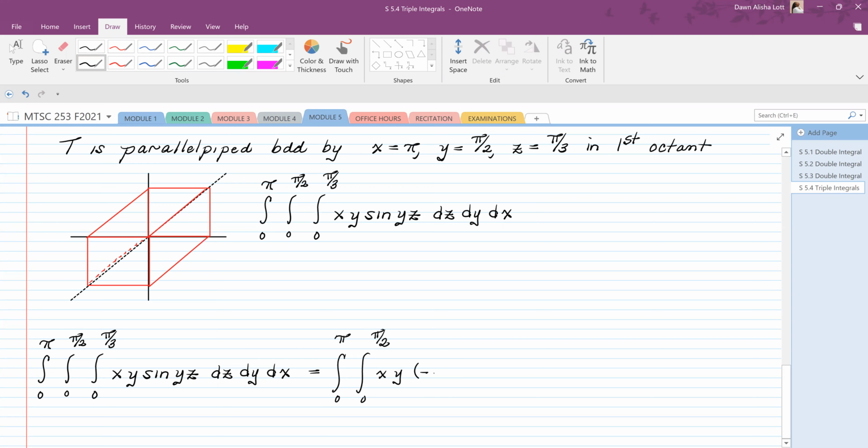Then I'm going to get minus the cosine of yz, and I'm going to divide by y. That's nice for me. And then that gets evaluated between 0 and pi over 3, and then I'm going to have dy dx.